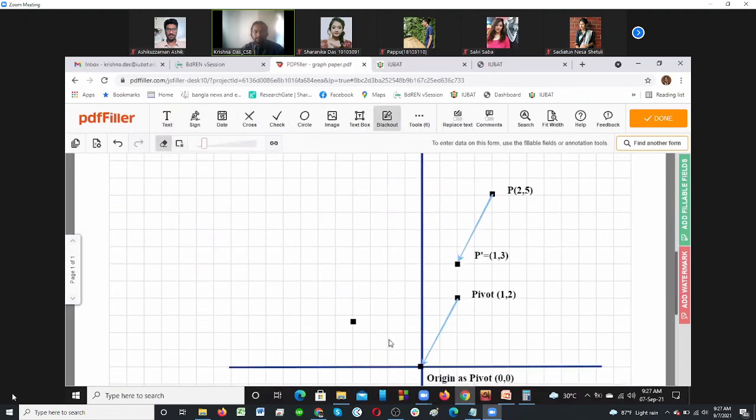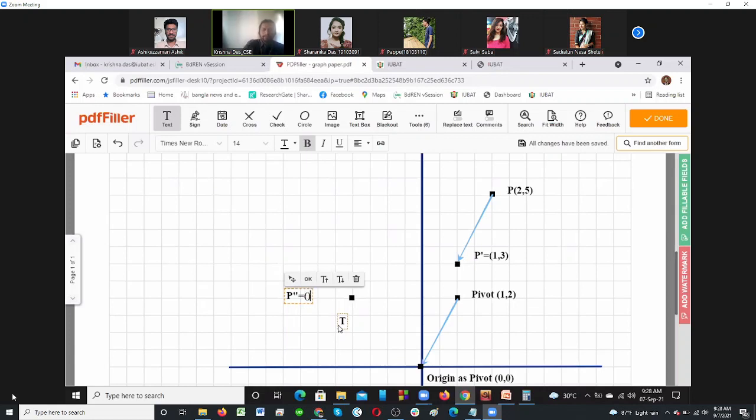Minus 2 and plus 2, so this is the point we get. This is P double prime, which is minus 2 and plus 2.